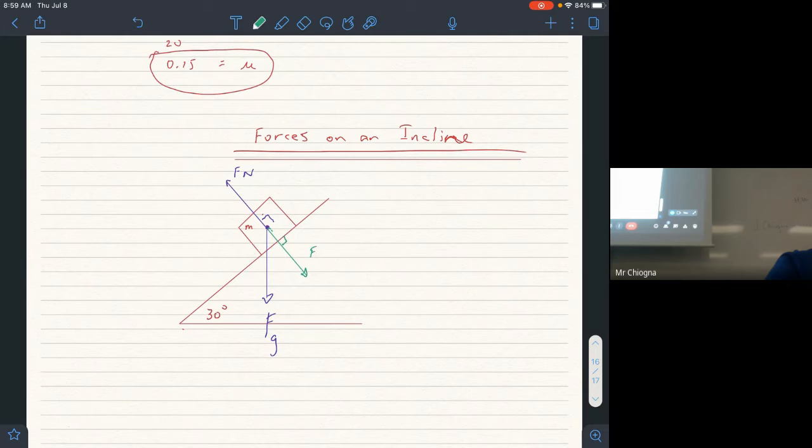We'll call this FG perpendicular. So Fn is reacting against that. FG still has a part of it that's pulling this block against the surface of the incline. So we'll come back to that.